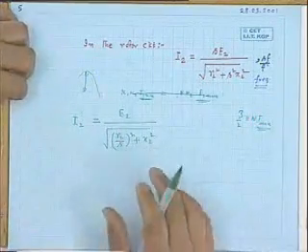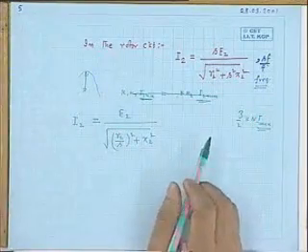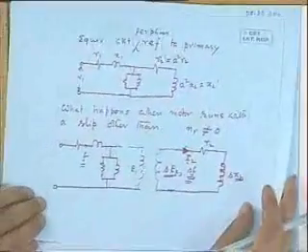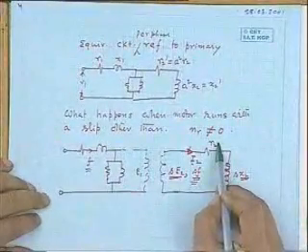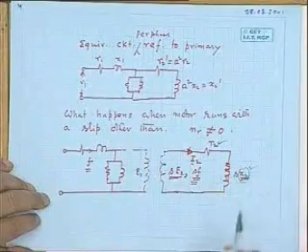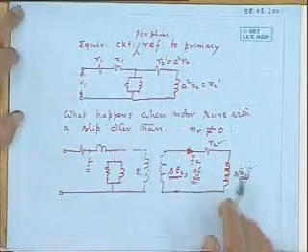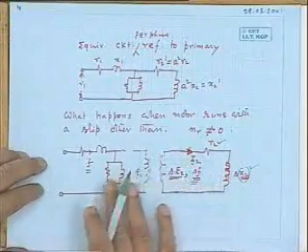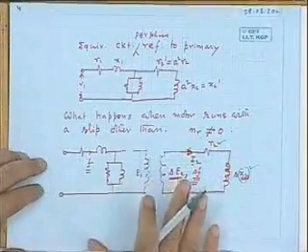Now, listen carefully. This is important. This is something conceptual. Your actual machine has a per phase rotor resistance R2 and per phase standstill reactance of X2, and the machine is running at some speed other than 0.